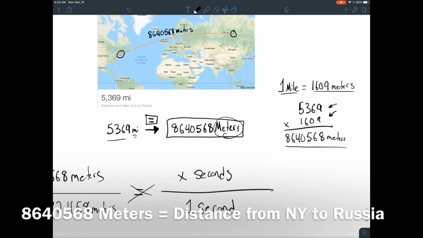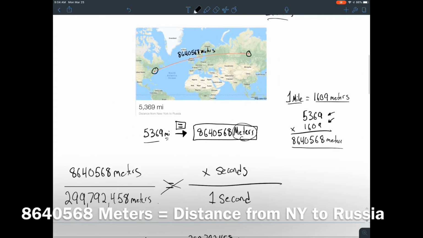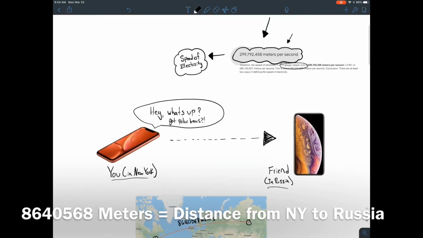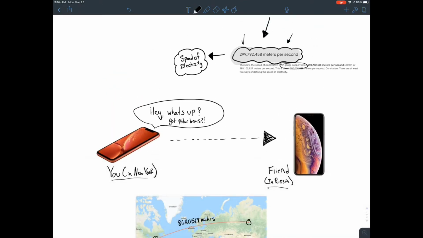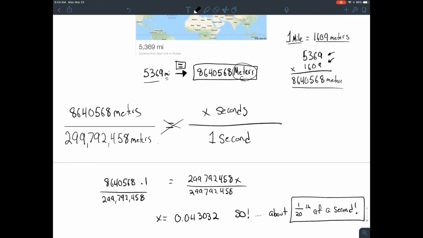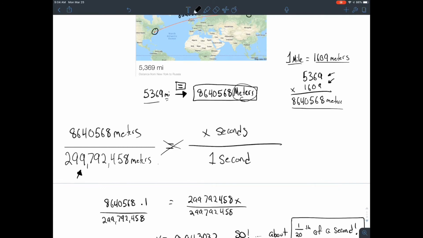So how fast can we send a text, and would it go from ourselves to our friend in Russia? Well, if we knew that the speed is 299 billion meters per second, we can put this number over here as a ratio, as the denominator, and we're going to put the number of meters that we're trying to test to see how fast it would go, and create an equal proportion.